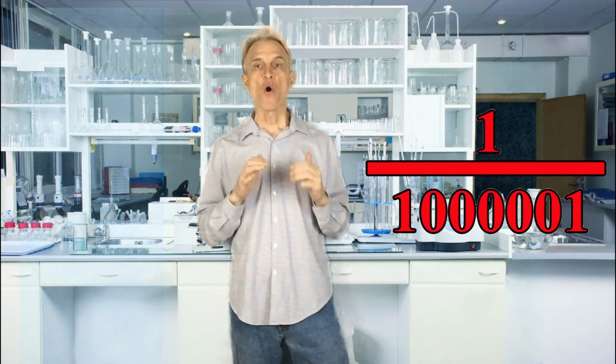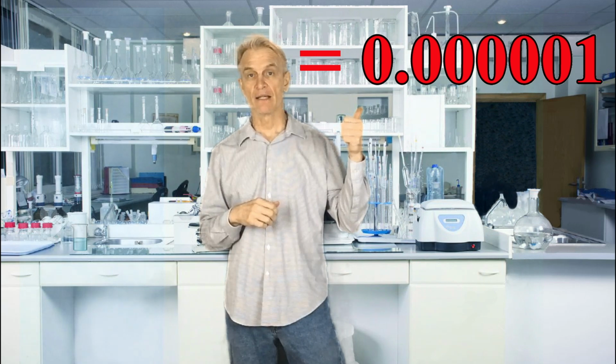If we replace the blue chip before the second pick, there are still 1,000,000 blue chips. So the probability of choosing red on the second pick is 1 out of 1,000,001, which is 1 over 1,000,001. In the calculator, it looks like this.